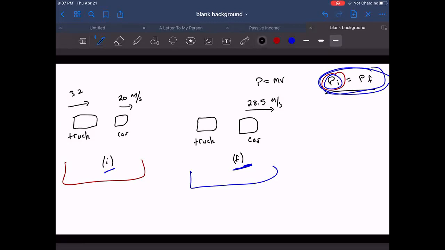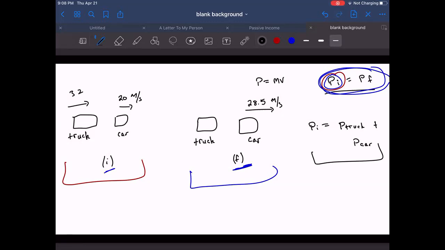I want to go to a new page. The momentum of the system is the momentum of the truck plus the momentum of the car. P truck plus P car, initially. That's the system.